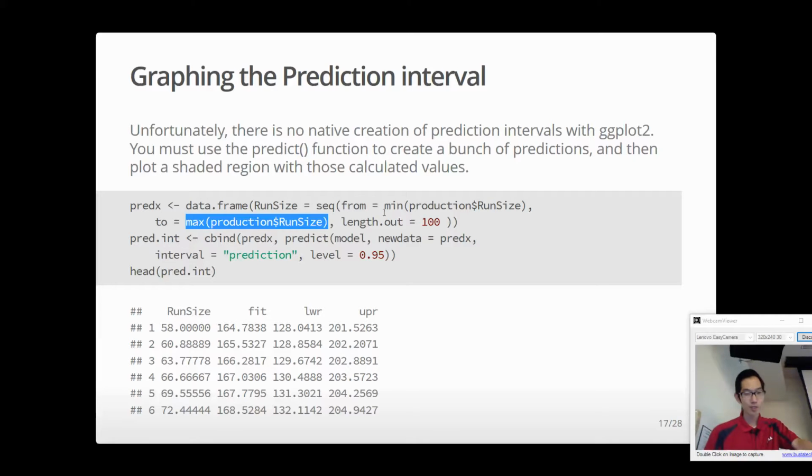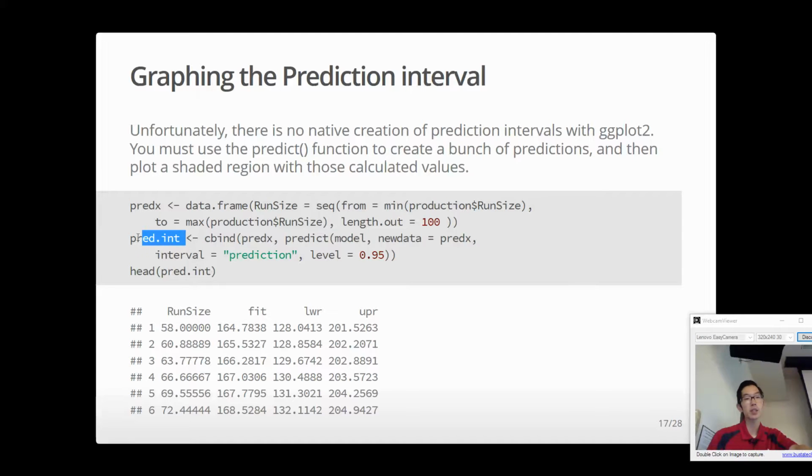So I'm following that by going from the smallest value in our x's to our largest value of our x's. And I'm saying create a sequence where the output length is 100 values. Okay, and so it does that. And then right now there's only just one column in predx as a data frame, okay?